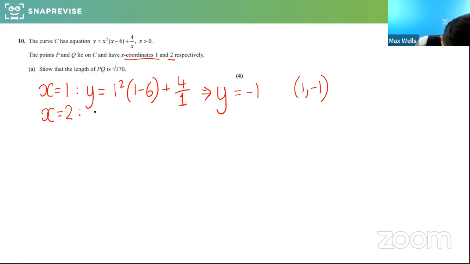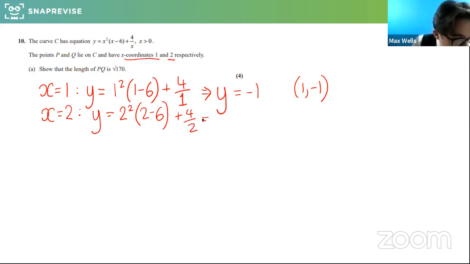Okay, so here we go. So we're subbing in x equals 2. And we want y equals 2 squared, 2 minus 6 plus 4 over 2. So that's going to be 4 times minus 4 plus the 2. Excellent. And let me just double check my maths there. I think it was minus 13. We getting that?